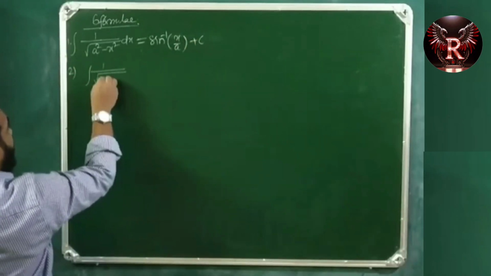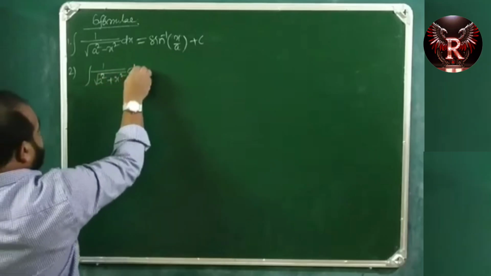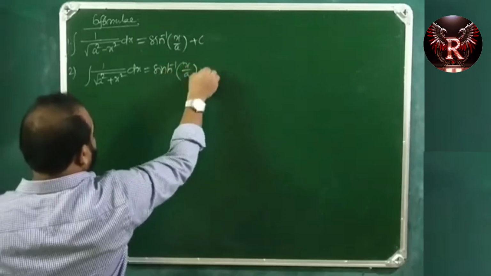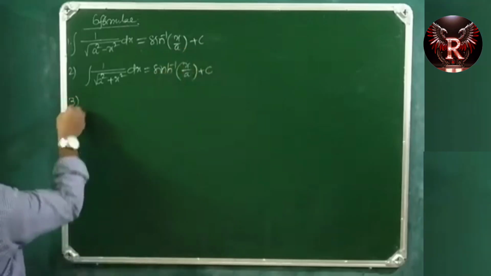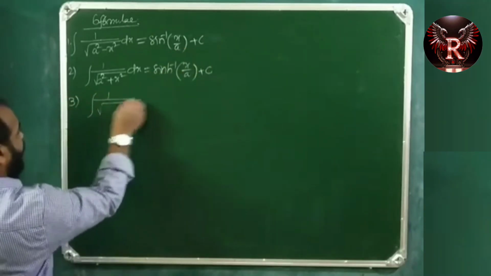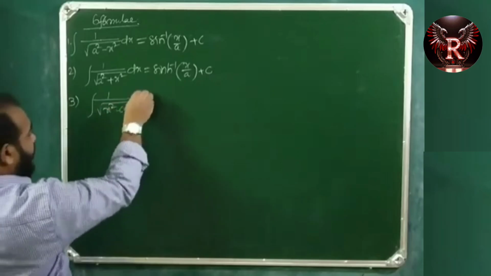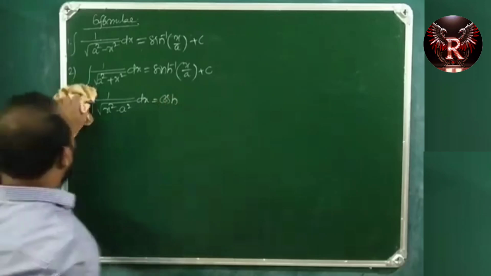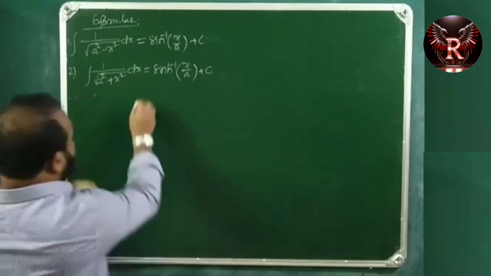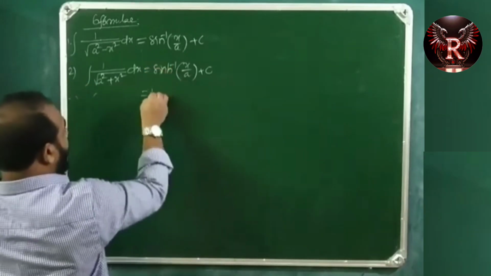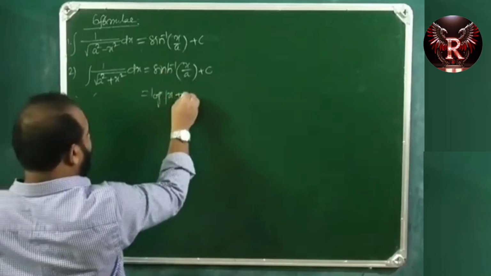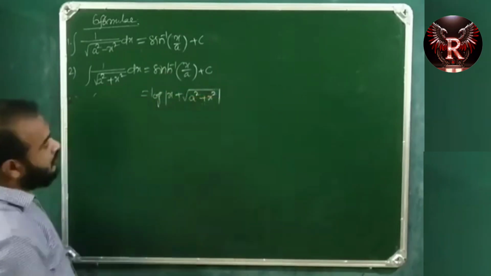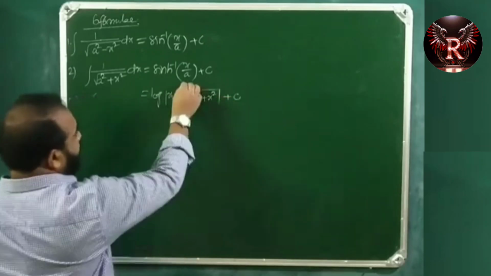Integral of square root of a square plus x square dx. This is sin h inverse x by a plus c. Integral 1 by square root of x square minus a square dx, this is cos h inverse x by a plus c. Of course, this has got another formula, which is log modulus of x plus square root of a square plus x square plus constant of integration c.